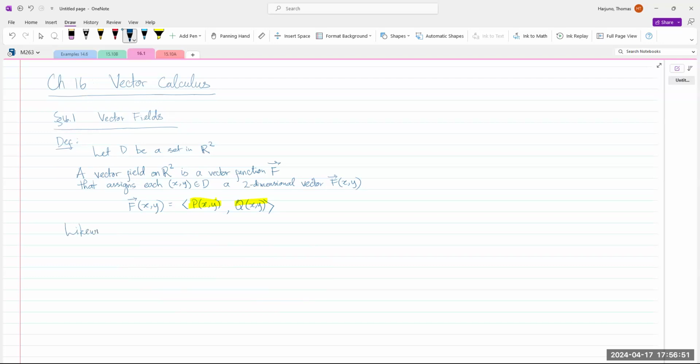Likewise, a vector field on R3 gives the vector function on any given coordinate in 3 dimensions, a vector consisting of functions for each of the components depending on the position in R3.